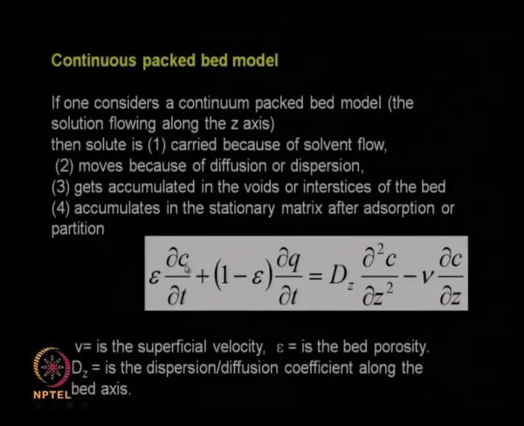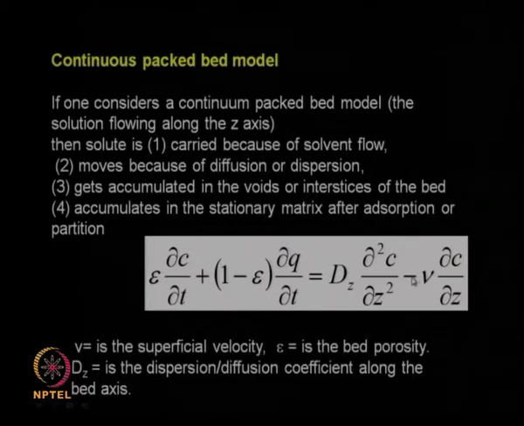So there has to be a relationship between C and Q, and that relationship may depend based on the type of mechanism that is operating, okay. You can have different types of mechanism which will determine what will be the relationship between C and Q, okay. So you need to have a very simple mechanism, then you will be able to solve this equation analytically, otherwise we may have to solve numerically.